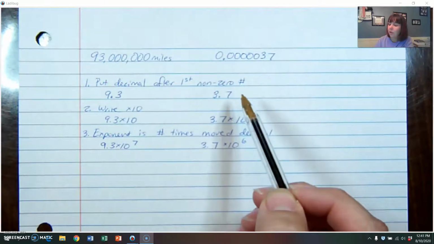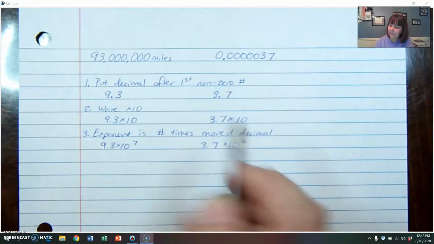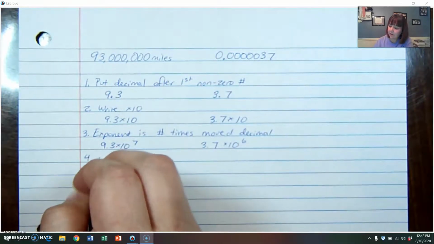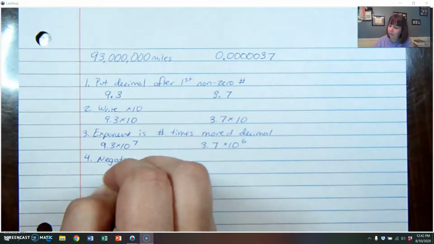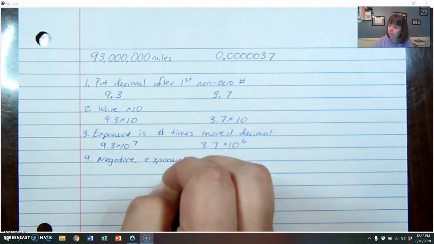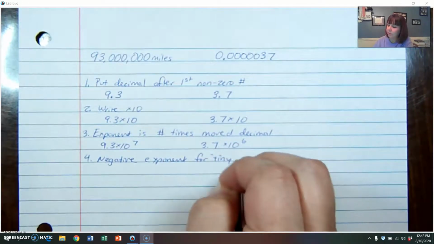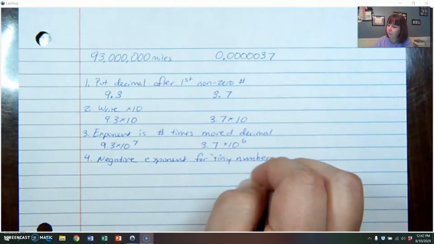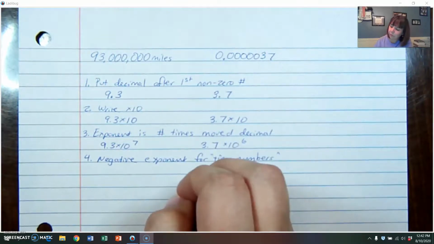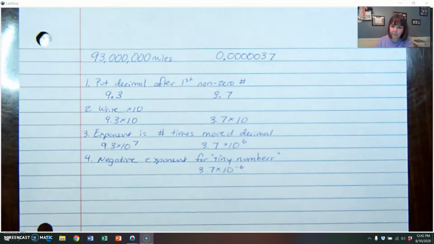The way that we do that is by putting a negative in front of that 6, a negative exponent for tiny numbers. So this one will get a negative 6.